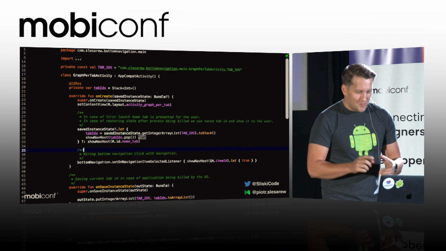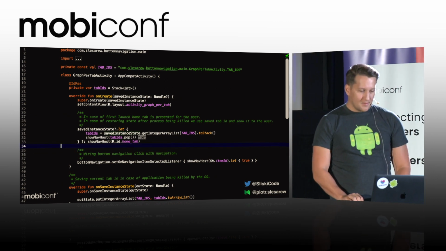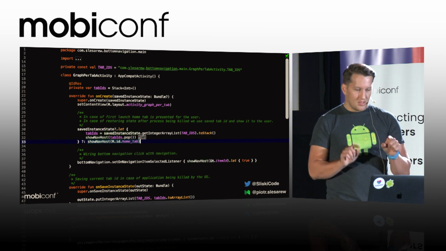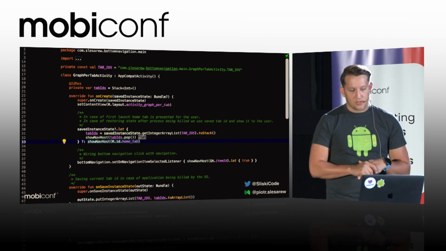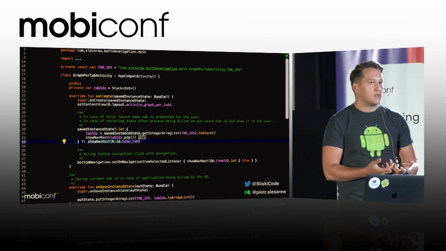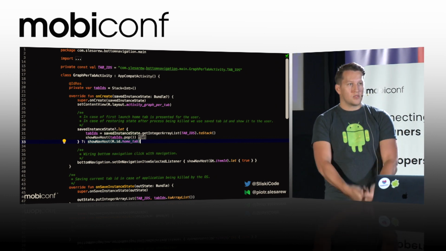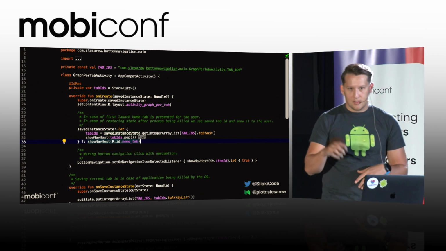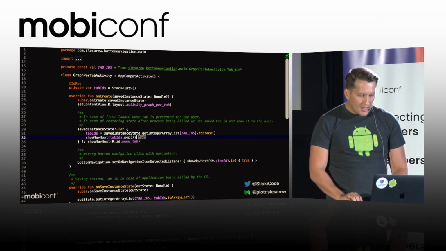Okay. So we have our tab IDs, so we have a stack. What we changed here is we are not calling this function. Here we have some persisting state for our process kill. I wanted to show it after, but maybe it's better because we don't have time for this.